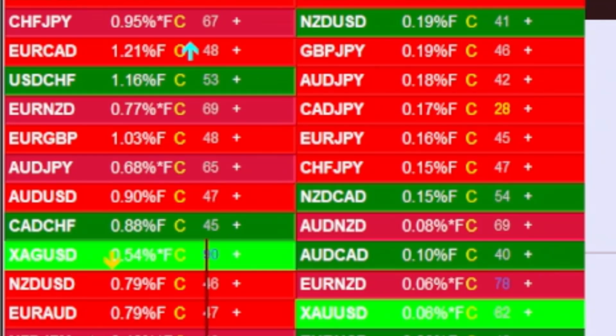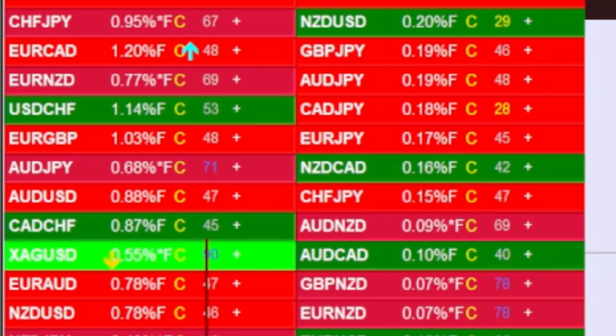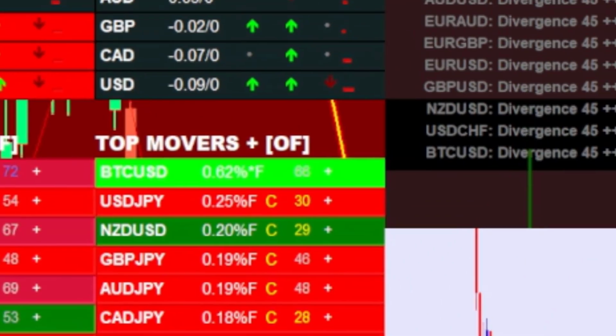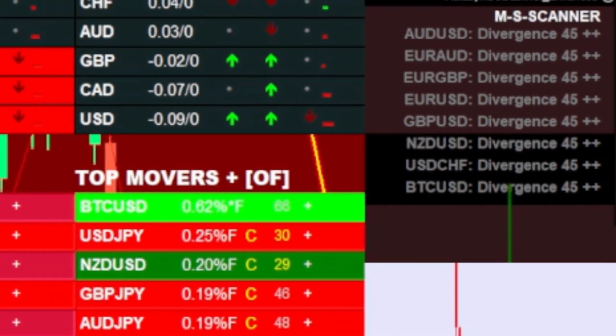EURGBP also is buying, so I'm also going to go for a buy with EURGBP. And then EURUSD also is buying.